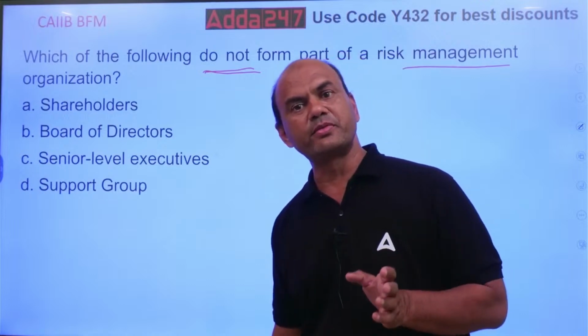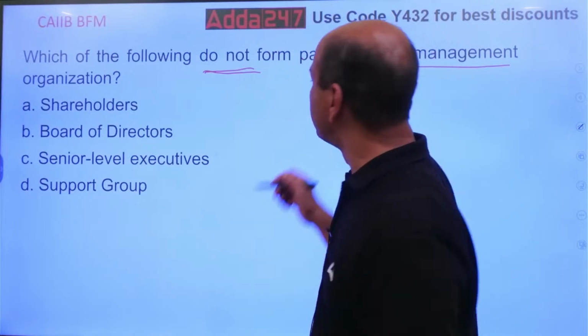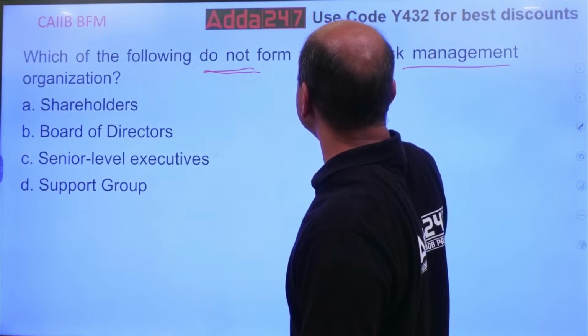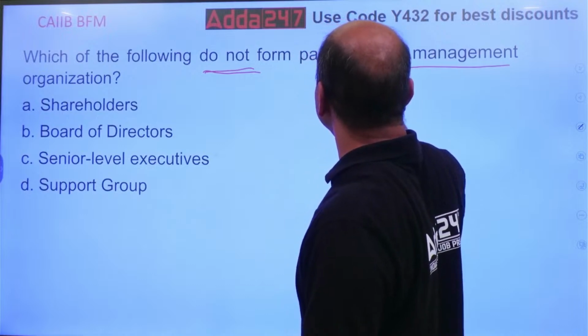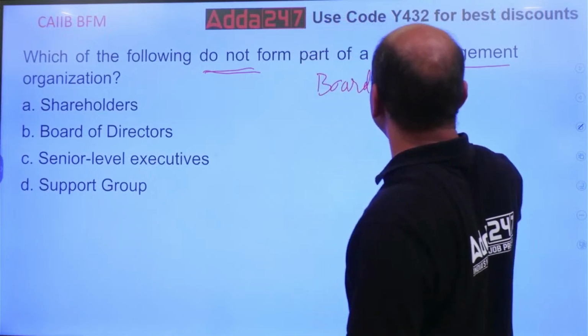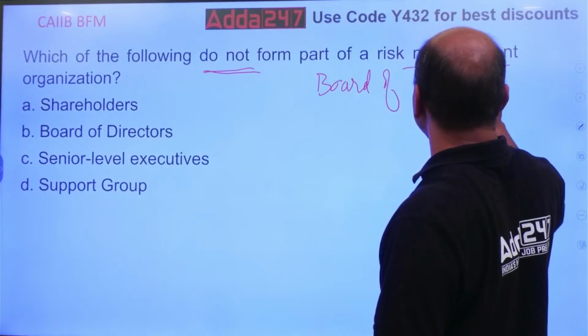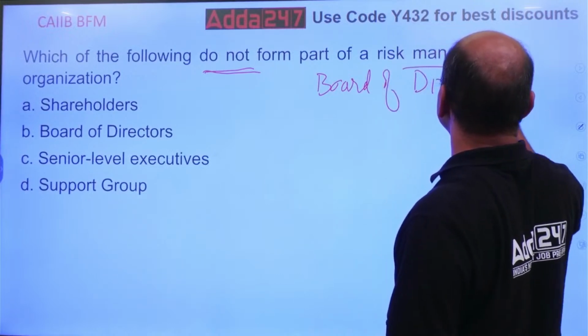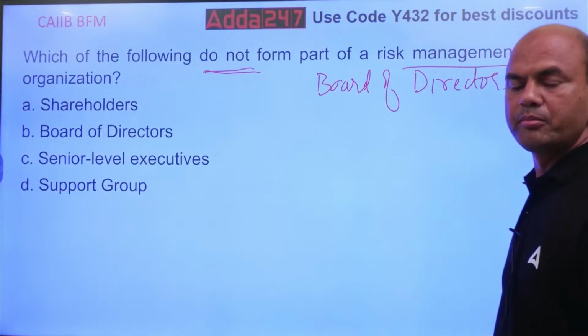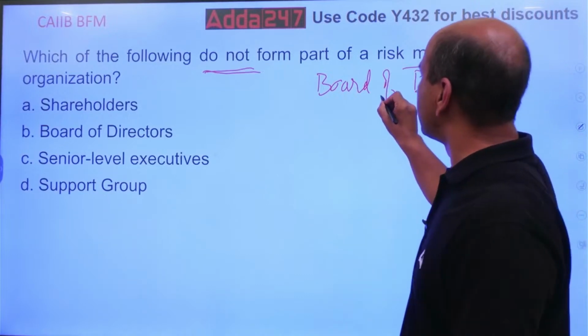Under risk management framework in any bank, first at the top is board of directors. Everyone pay attention to this. Very important one. Board of directors. Below board of directors, there is RMCB.